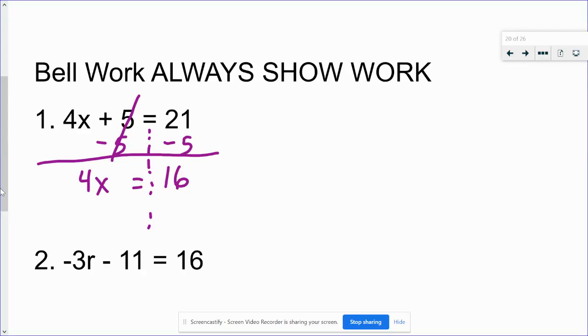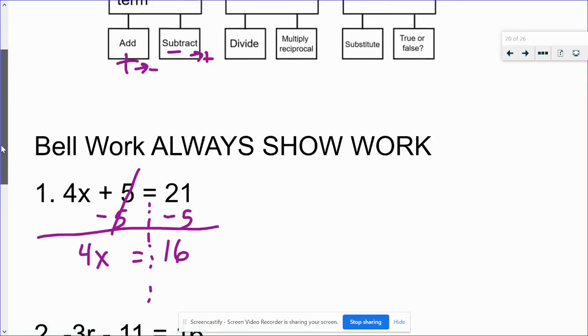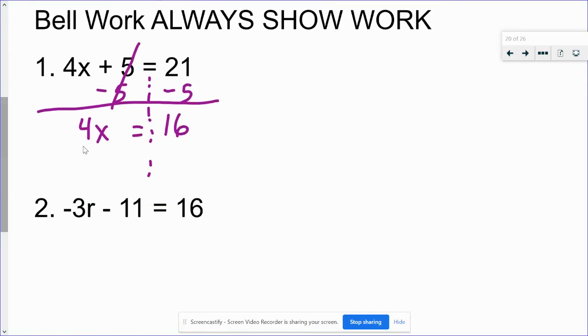Now we look, what do we see? Well, I see multiplication. So if we see multiplication, we're going to then divide. That's our coefficient. So now divide by 4, and x equals 4. And then, of course, check the work.